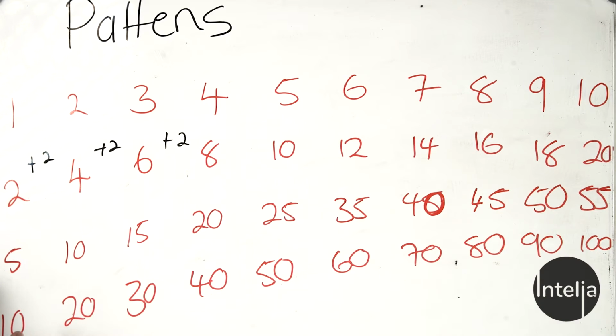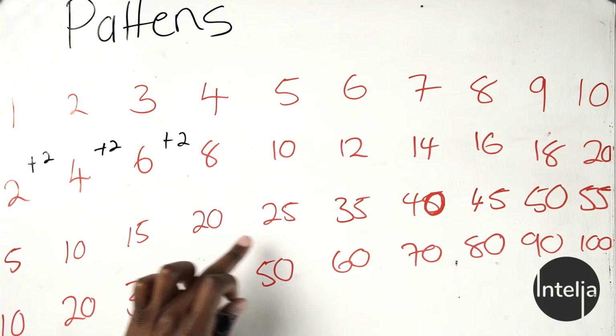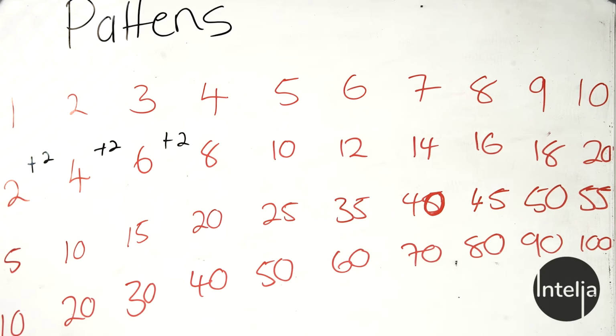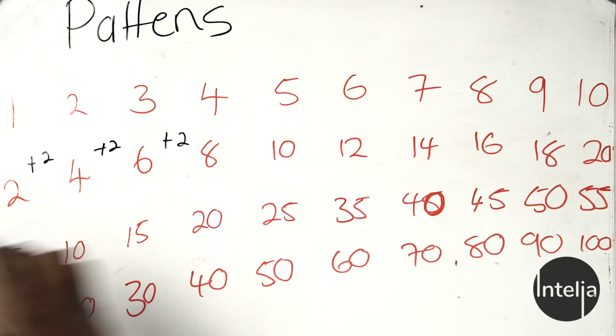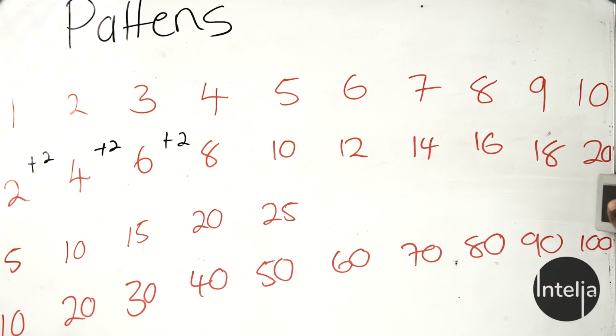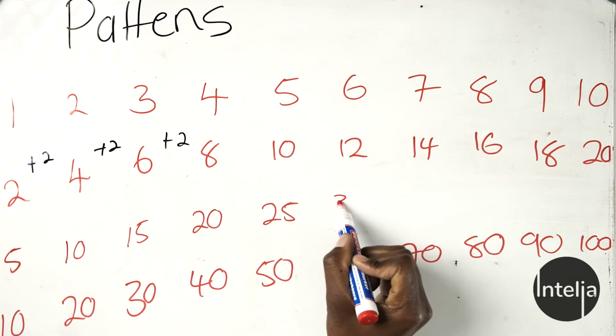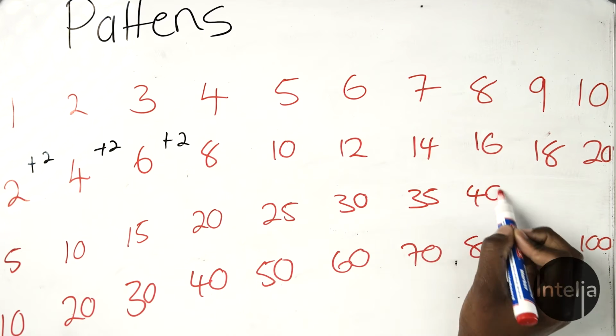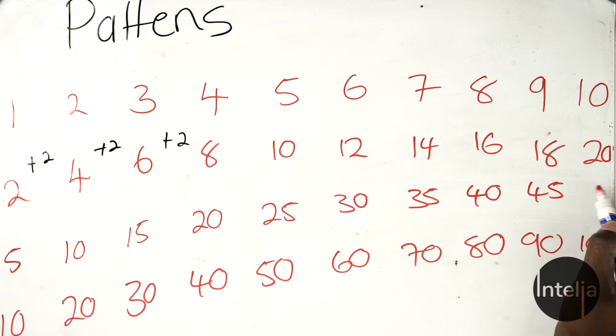And then we come to 5s. Say 5, 10, 15, 20, 25, 30, 35, 40, 45, 50.